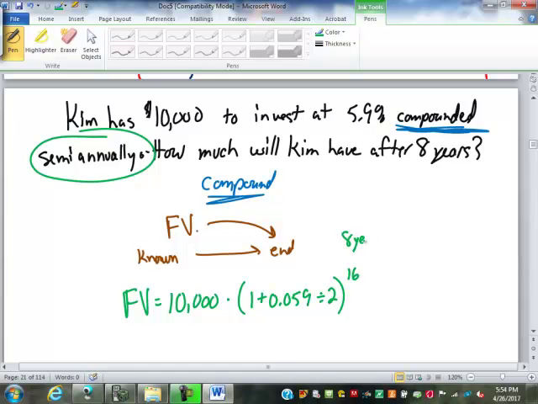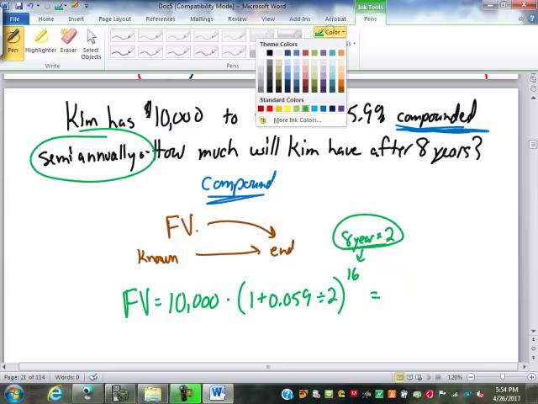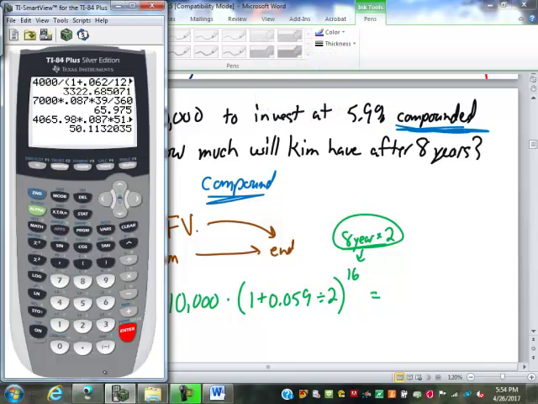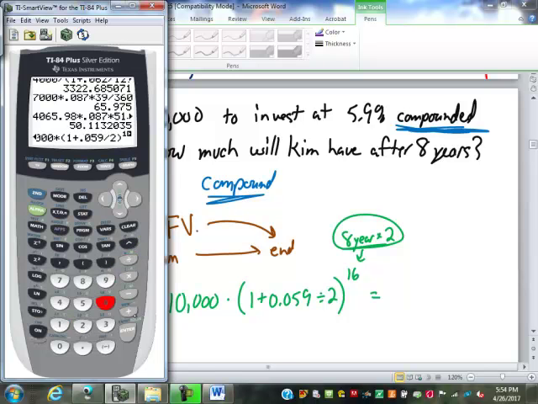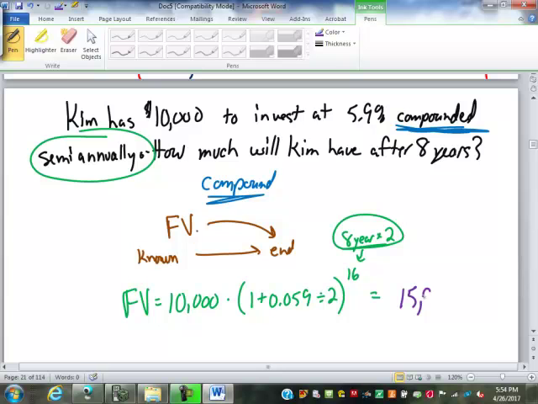You got it. 8 years times 2 times a year gives us the 16. That gives $15,922.88. So that's your future value.